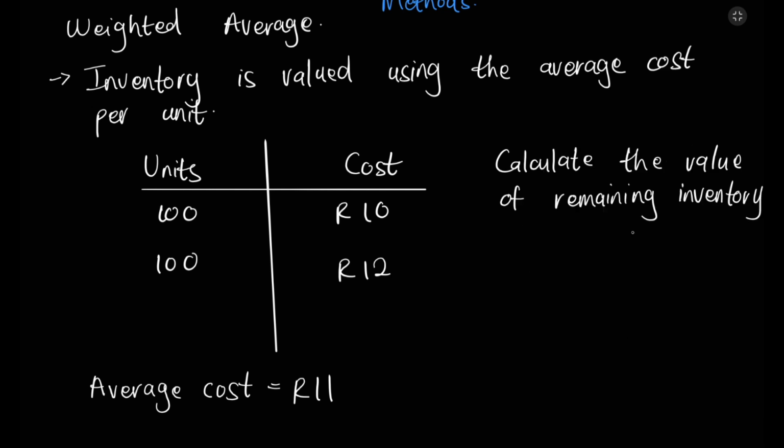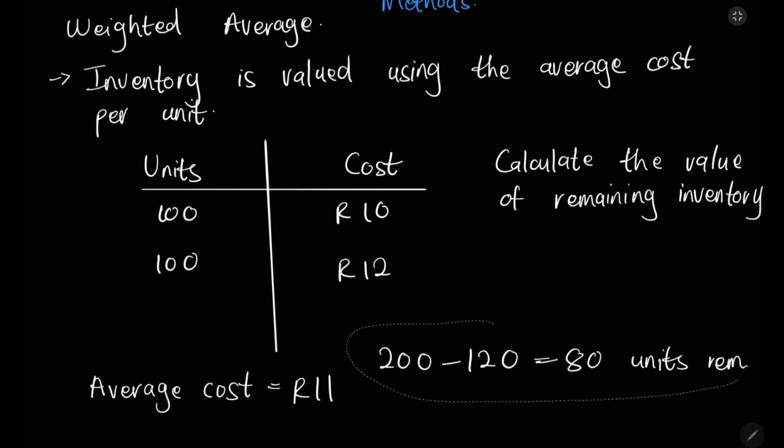So let's calculate the value of the remaining inventory. Remember, in the previous question, we sold 120 units, right? So the remaining units will be, in total, we had 100 and 100, which is 200 units. So we'll say 200 minus 120, which is 80 units remaining. You have to show this in our calculations.